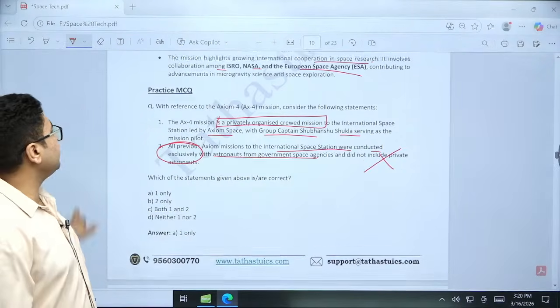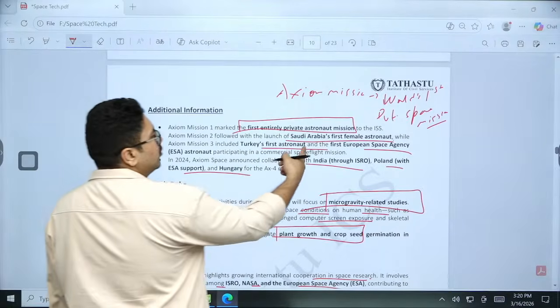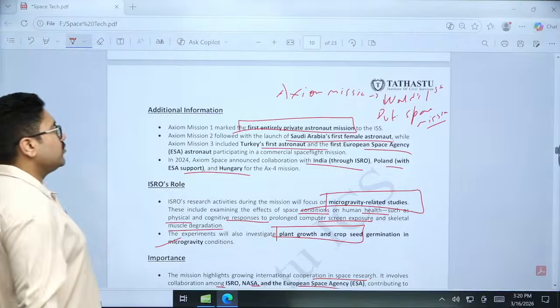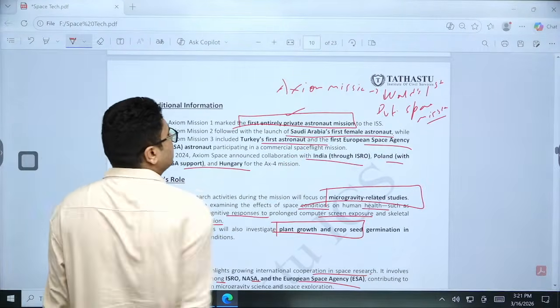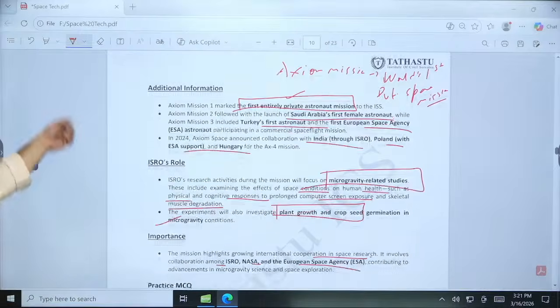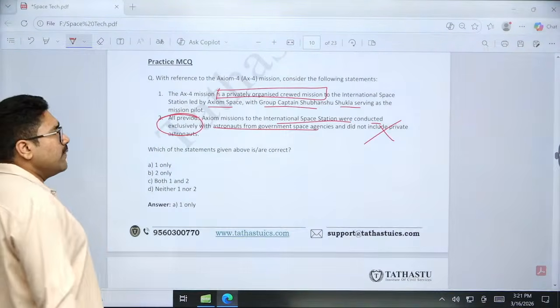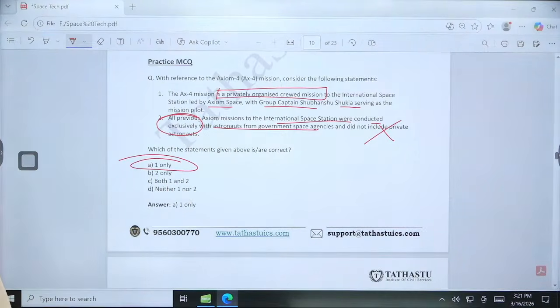This is a wrong statement, because we have already seen Axiom 2 took Saudi Arabia's first female astronaut and Turkey's first astronaut, and Axiom 1 was the world's first entirely private astronaut mission. So it is not always government space agencies. Therefore, the second statement is wrong. A only becomes the right answer.